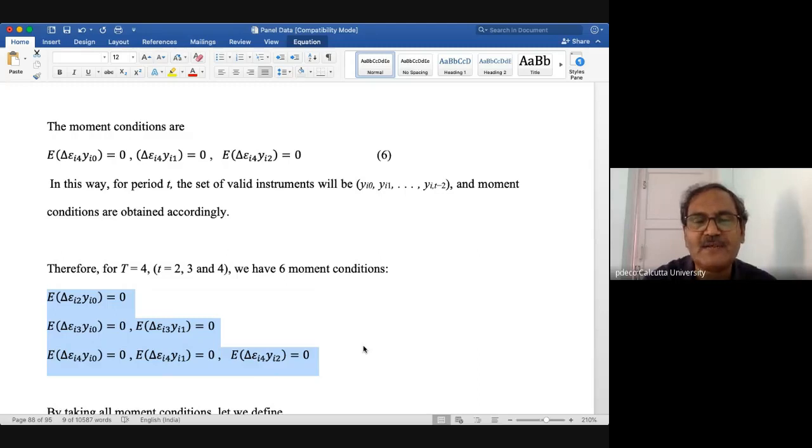So how many total moment conditions for capital T is equal to 4? Suppose you have 4-year data, you have information for 4 years. In that case, you can construct 6 moment conditions.